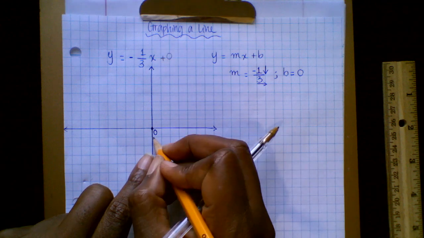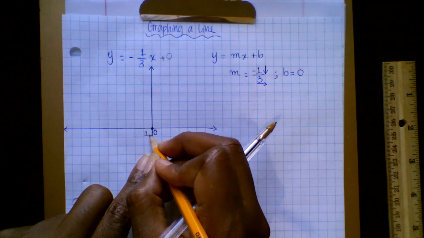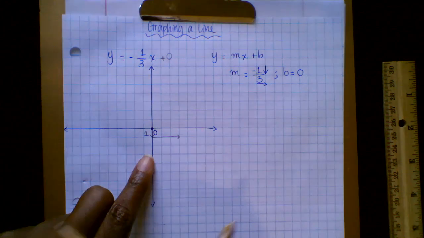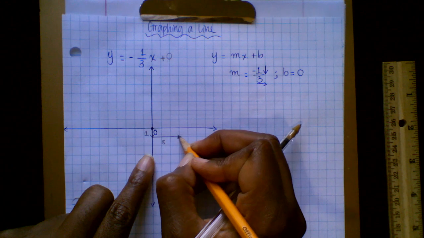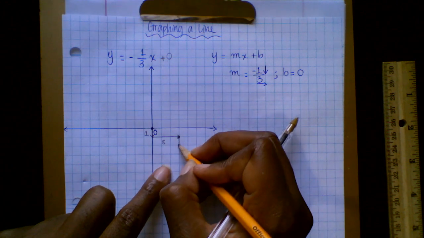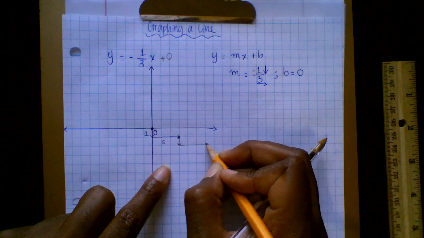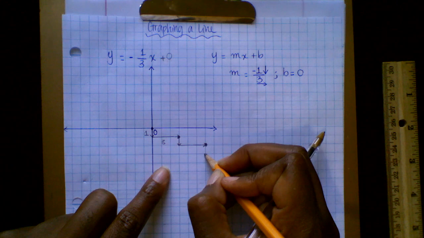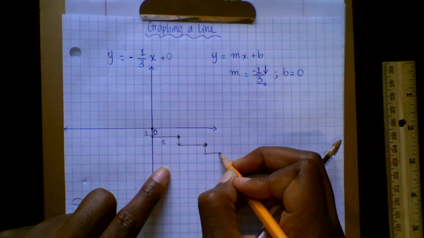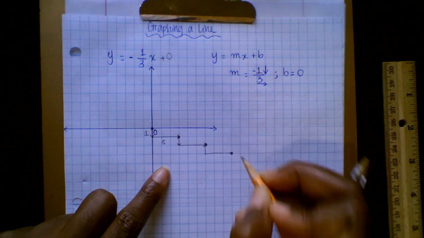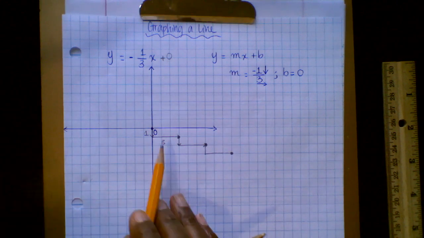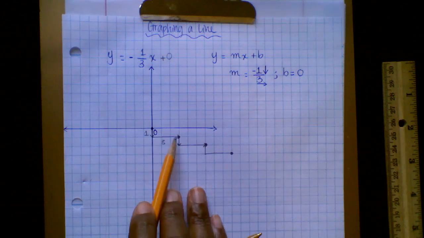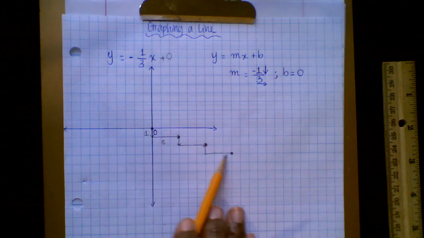Then I'm going to move to the right 3 times, and then I place my ordered pair. You go down 1, move to the right 3 times, and place your ordered pair. Okay, I am done plotting the ordered pair on the right side.